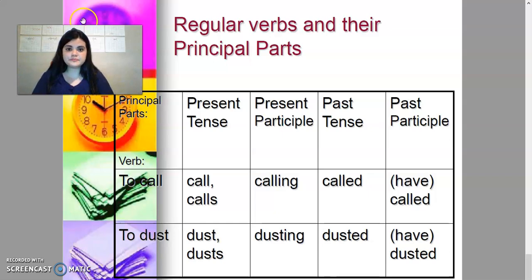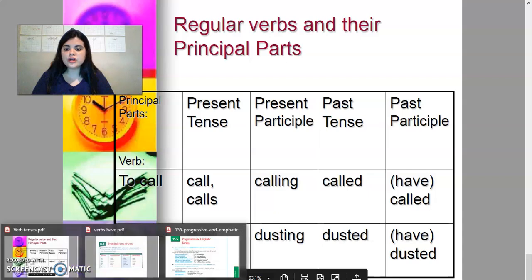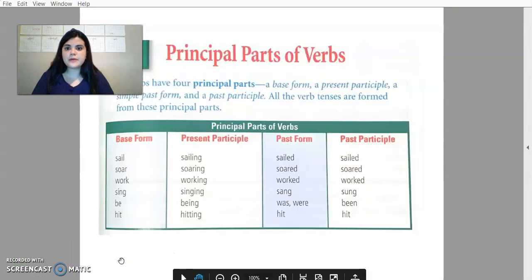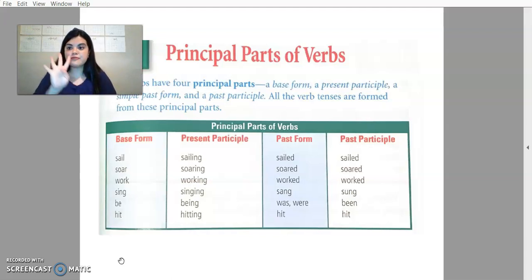Now let's see. So we will also talk about this. Principal parts of verbs is just what we saw right now. All verbs have four forms or principal parts, which is first the base form, or the infinitive, we call it too.